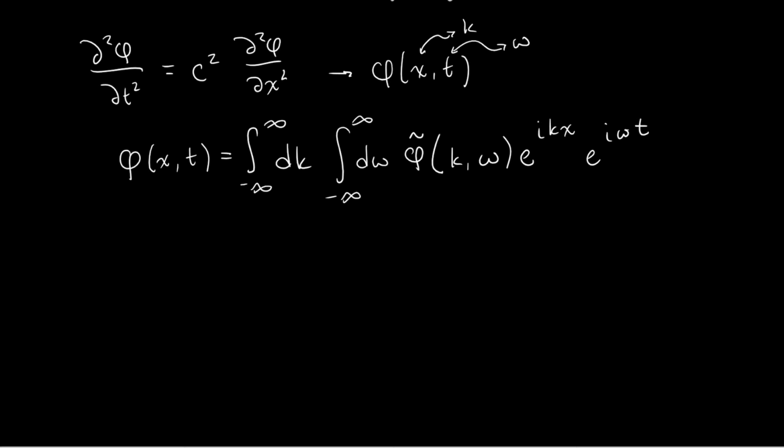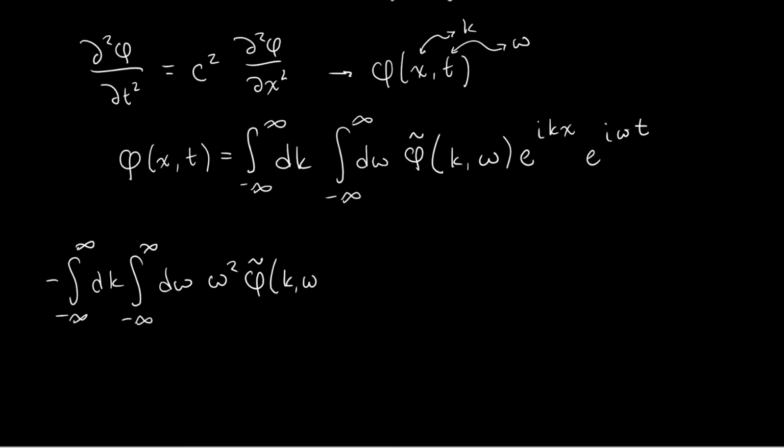And I find that this equation just becomes minus the integral, the minus coming from i squared again, dk d omega, omega squared, phi tilde of k, omega, e to the i k x, e to the i omega t.